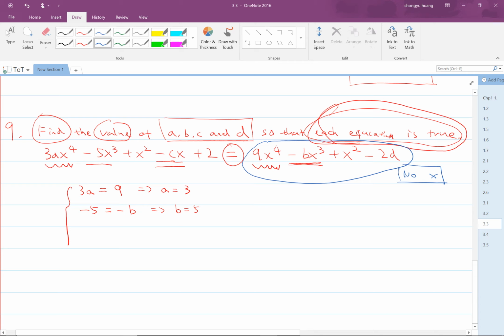On the right hand side we have x to the power 4, then x to the power 3, then x to the power 2, and we don't have x to the power 1. So that indicates negative c is equal to 0.